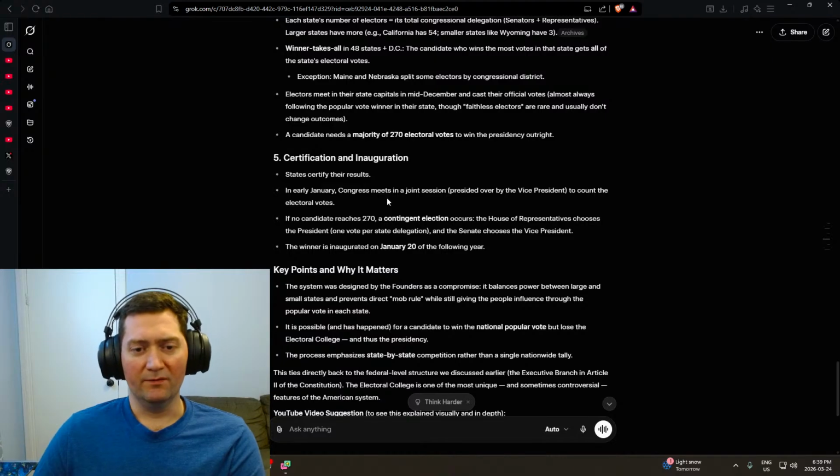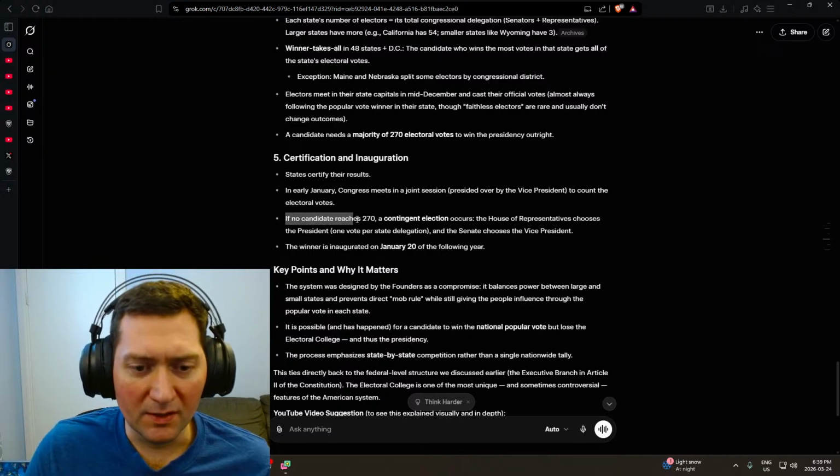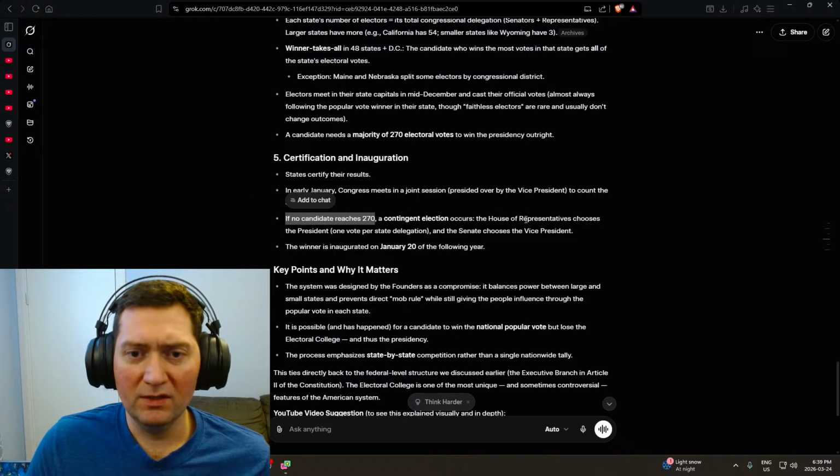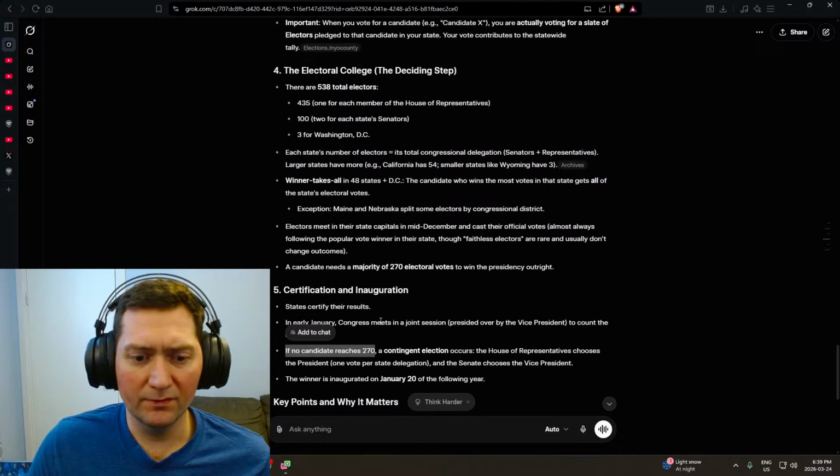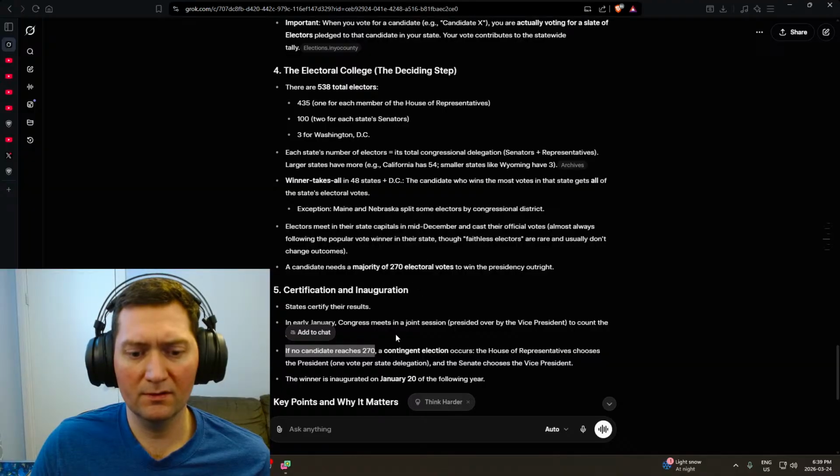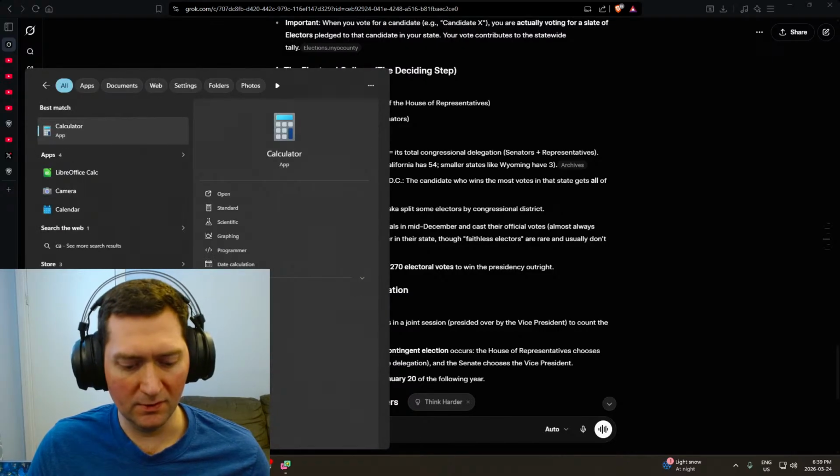Yeah, that's really set up for a two-party system because 270 is half of the total votes, right? Or near. 538.